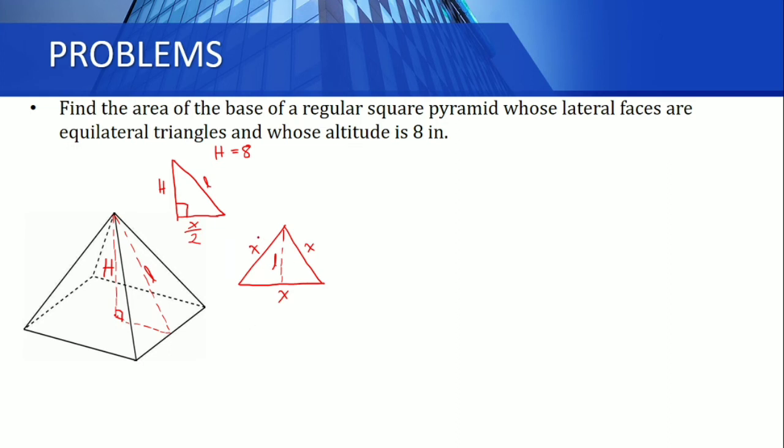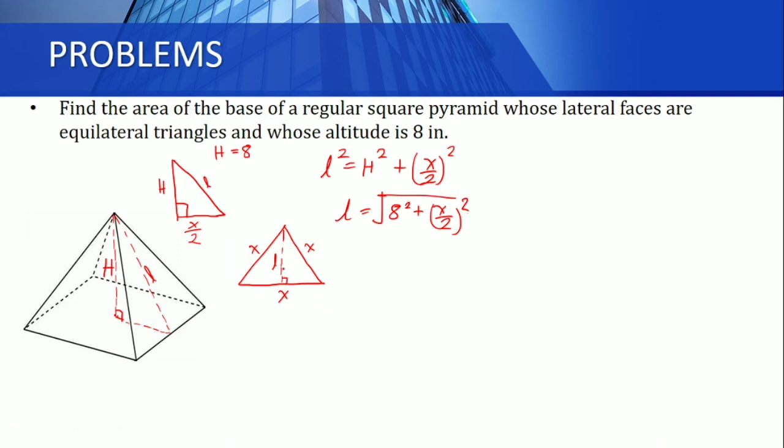So yung formula na gagamitin natin, L squared is equal to h squared plus x over 2 squared. So therefore, L is equal to square root of 8 squared plus x over 2 squared.